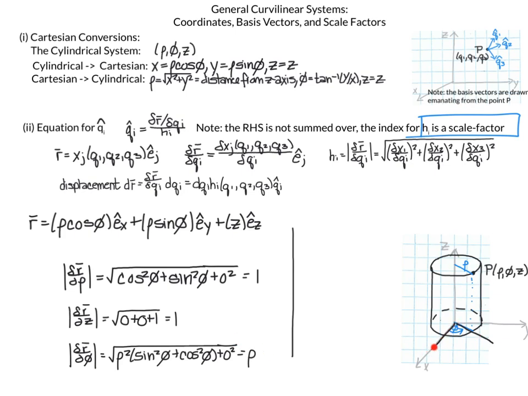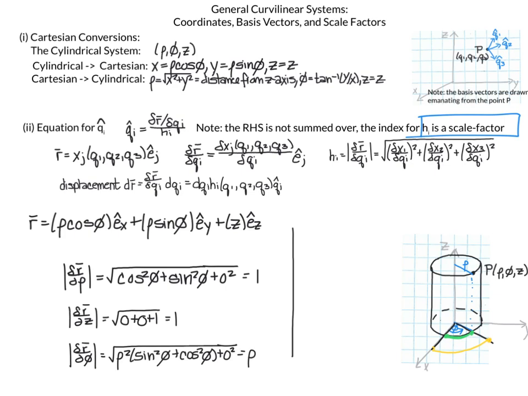Because everything in this V shape represents the angle phi. However, if I'm out here at this radius, you can see that my position has moved by a much greater distance than if I'm at this radius. My position vector p has only changed by this green distance.